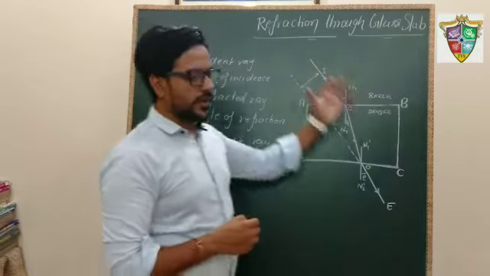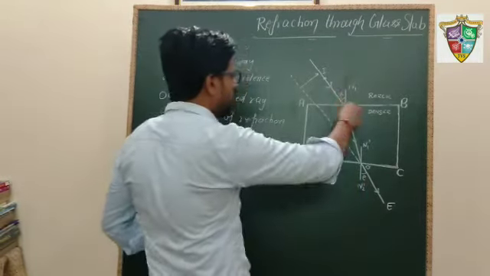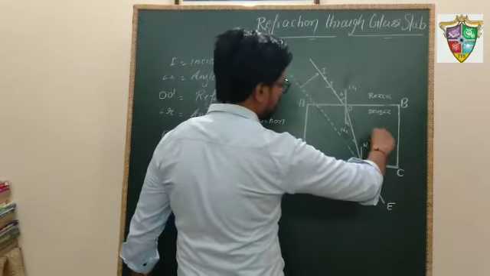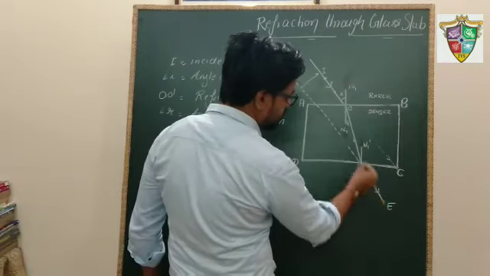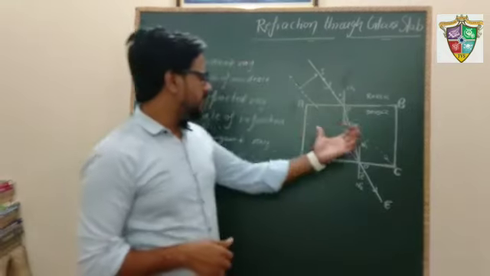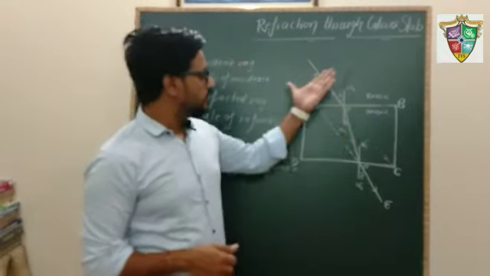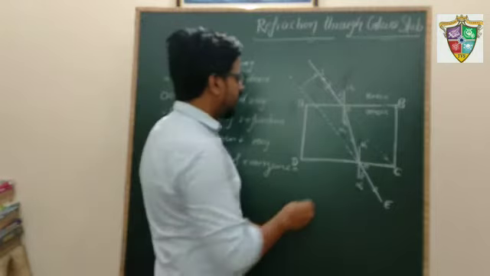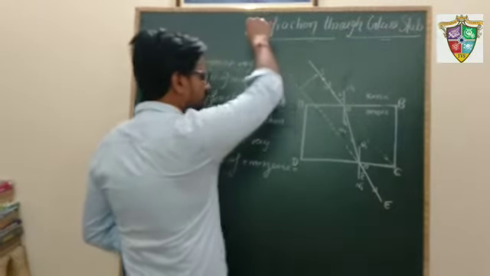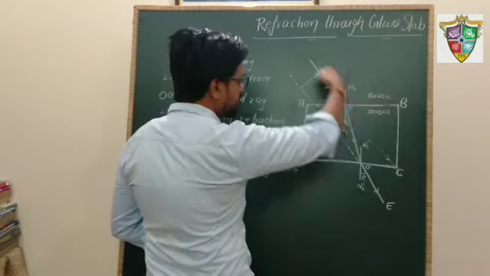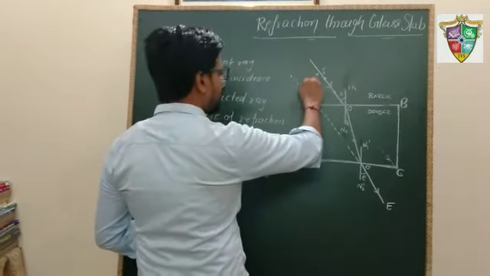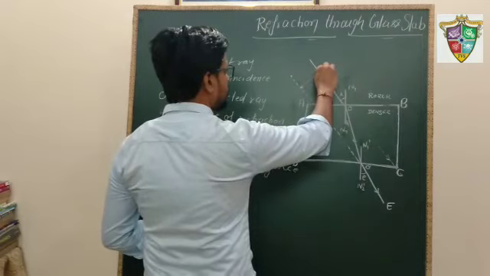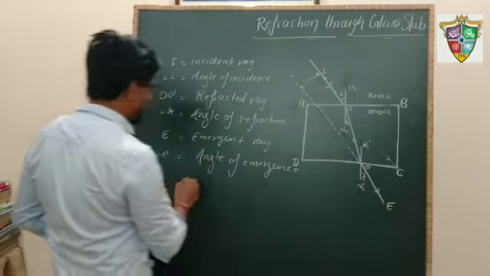So this is how refraction takes place. Light should go like this along this path, but it is going towards this path. So this is the deviation of light when it goes from one medium to another. And if we extend this emergent ray in the backward direction, or we extend this incident ray in the forward direction, then this gap is known as lateral displacement.